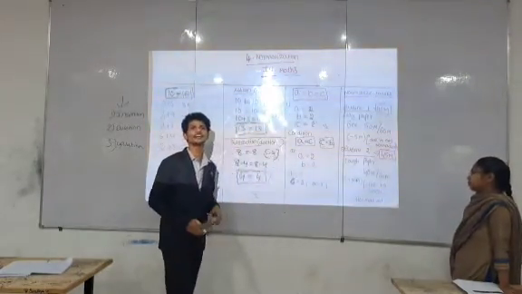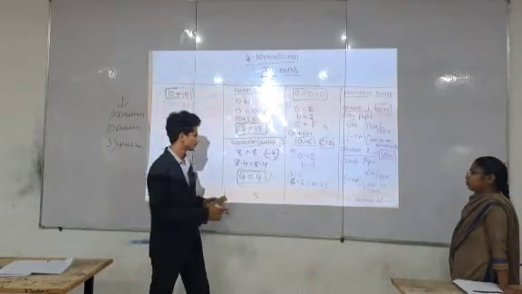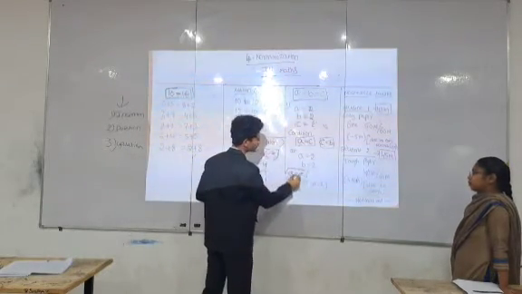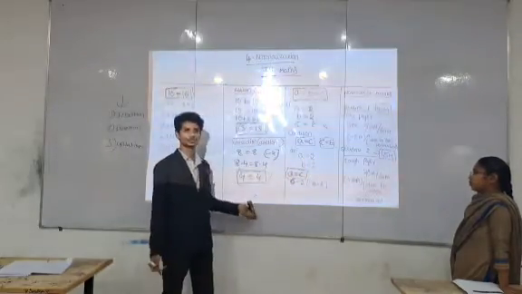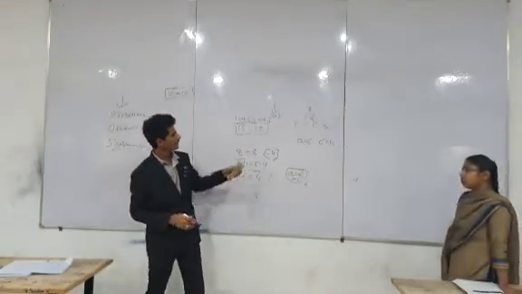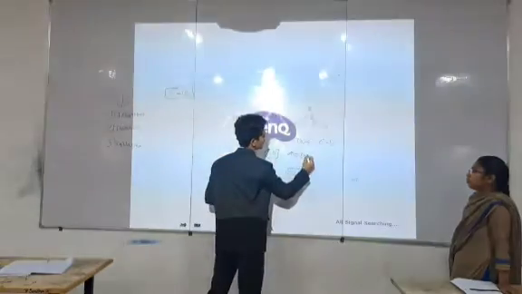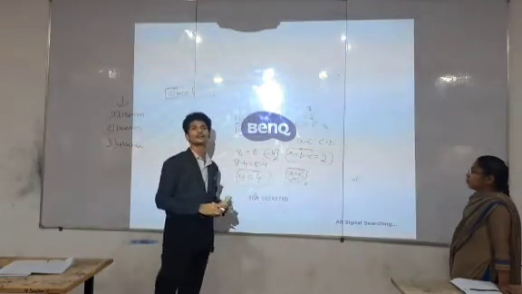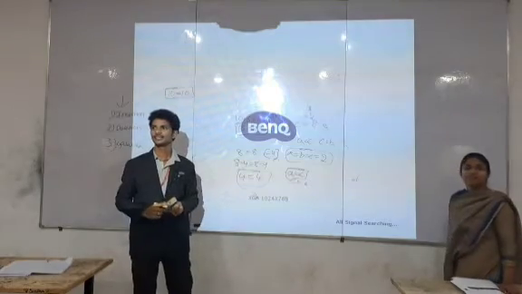It is very easy to find the c value. Since a equal to c, and a value is 2, c equal to 2. Then a equal to b equal to c equal to 2. This is normalization. Clear?